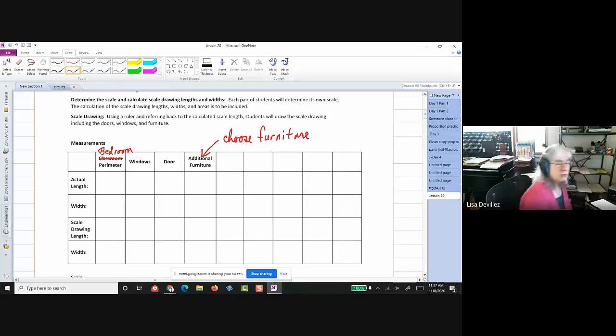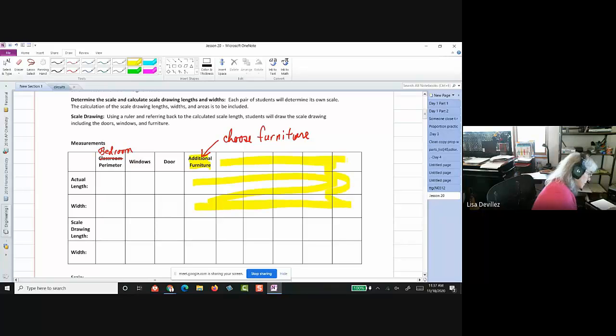So you're going to choose whatever it is that you're going to put in it. Find it on a site that gives you the dimensions of it, or at least something approximate. For whatever furniture you use, you'll put that in this part of the table here.